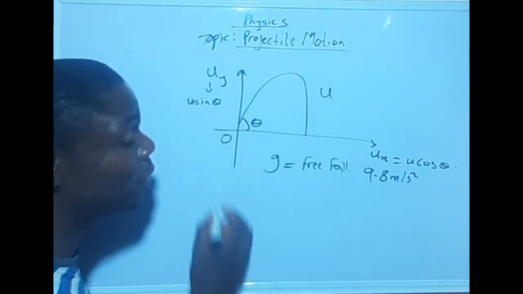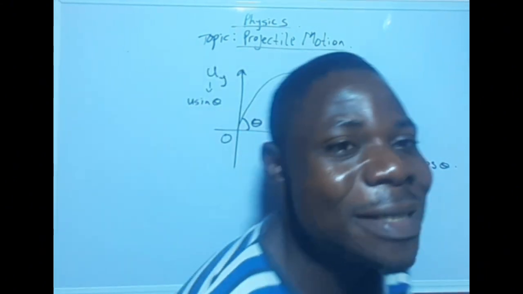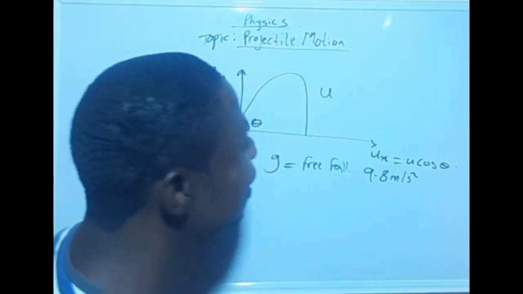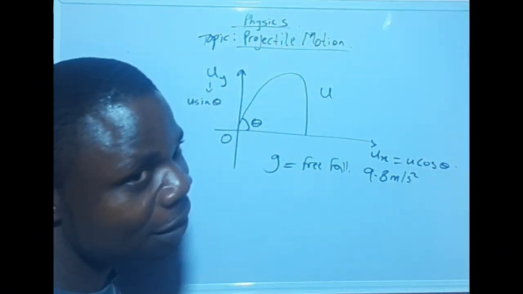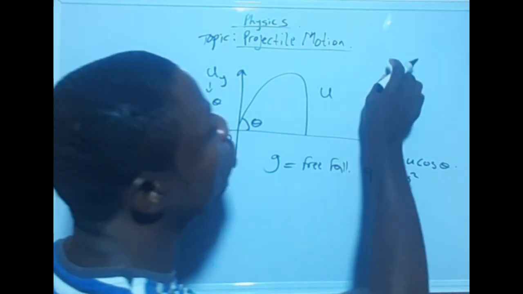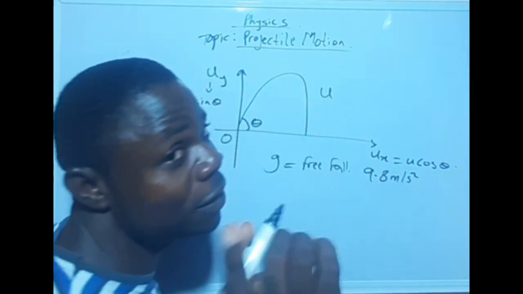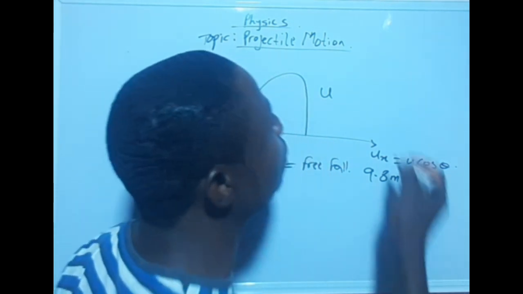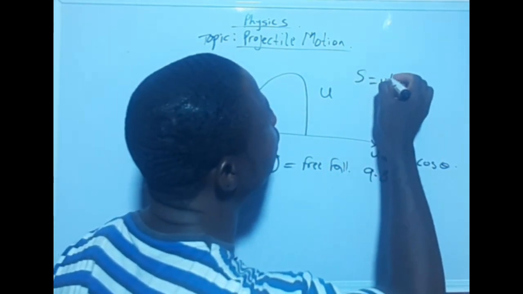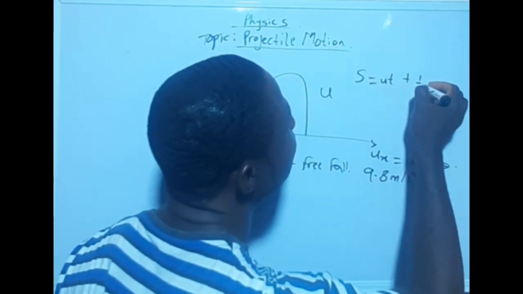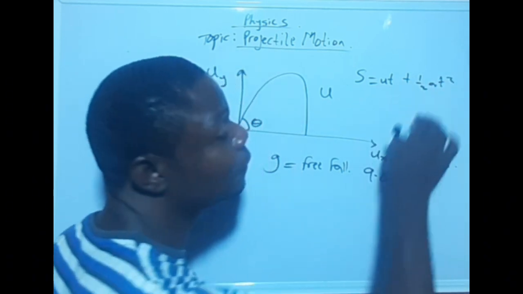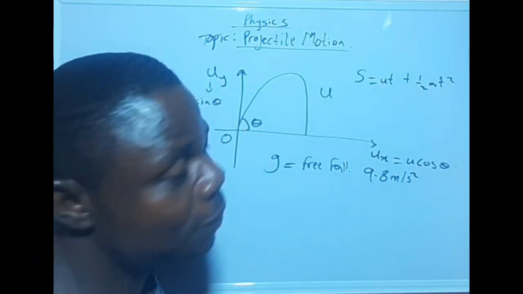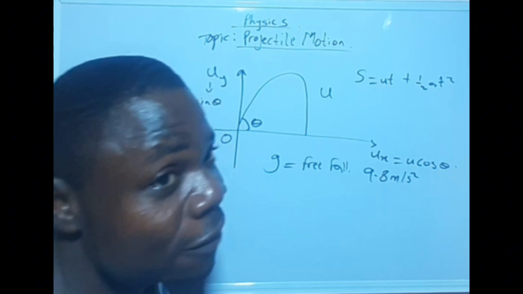The last but not the least is that air resistance is neglected. Now, you have to recall the displacement of an object moving with a constant acceleration is ut plus half at squared. This is the formula for displacement of an object moving in a specific direction.